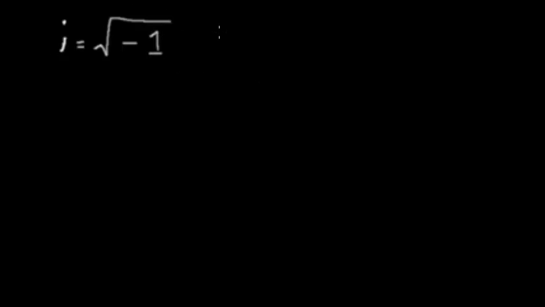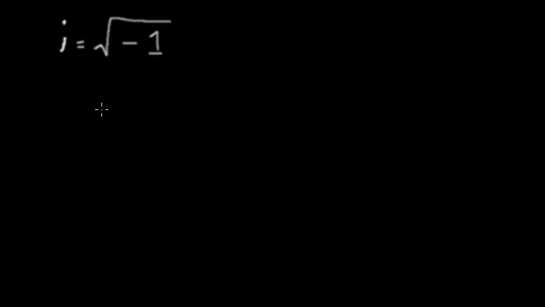Yeah, it's an imaginary number because you can't square a number to get a negative number, right? So what mathematicians do is change it and turn it into i. Now, how can this be used in a quadratic formula, for example?